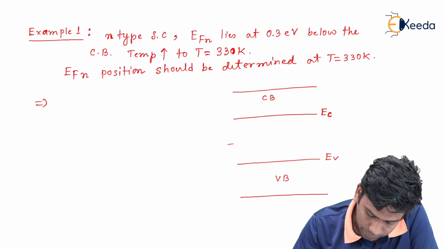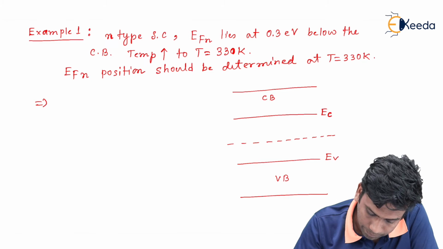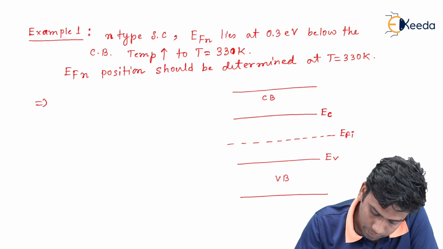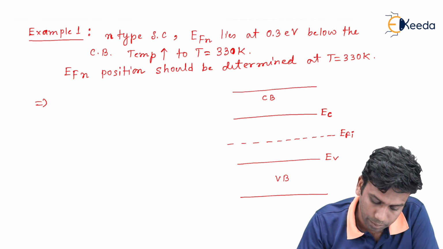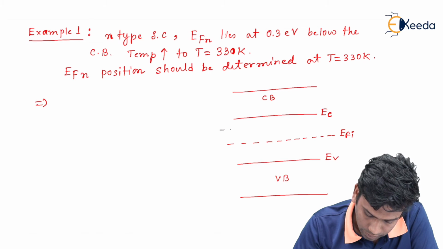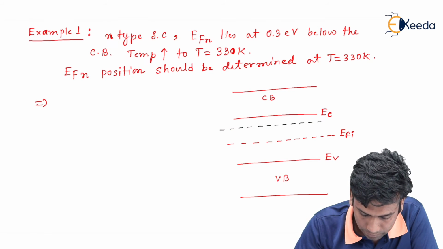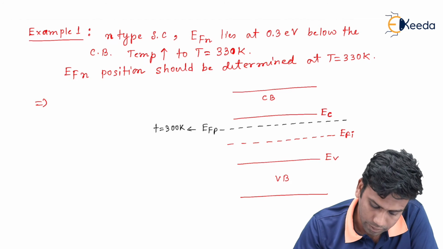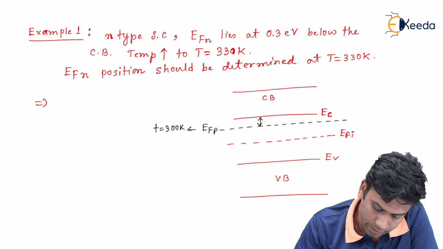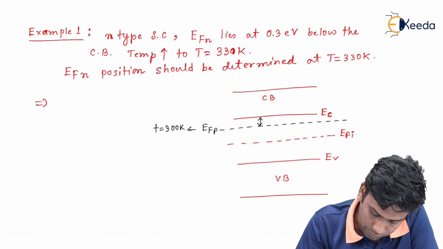Now if this is the middle of the band gap or EFI, EFN lies at 0.3 electron volt below the conduction band, meaning the position of the Fermi level is at T equals 300 K, and this gap is given by 0.3 electron volt.